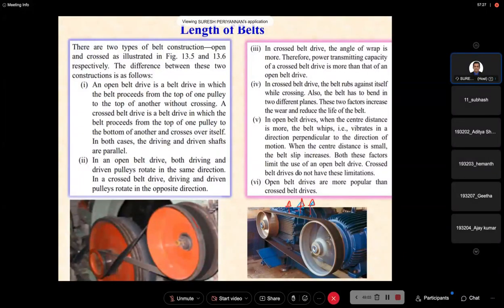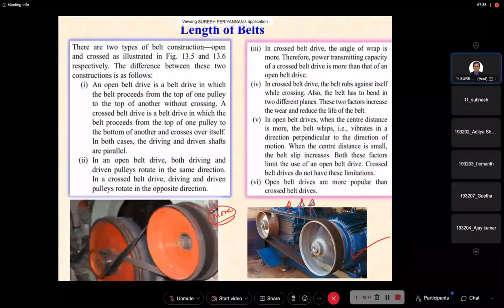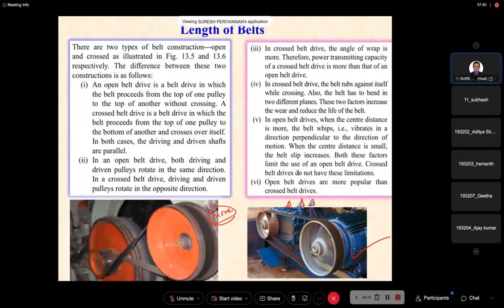Hence more power transmission can be done in the cross belt. The open belt has small power transmission capacity, but the cross belt has more. But what is another problem in the cross belt?